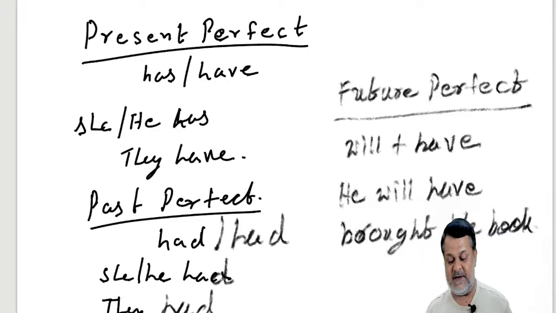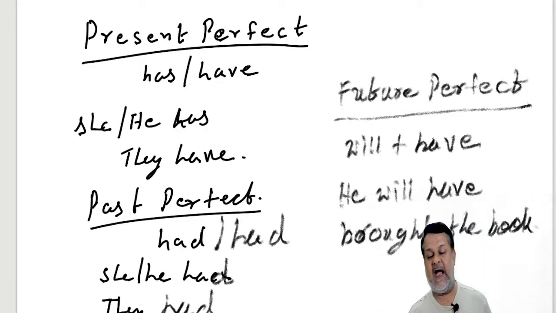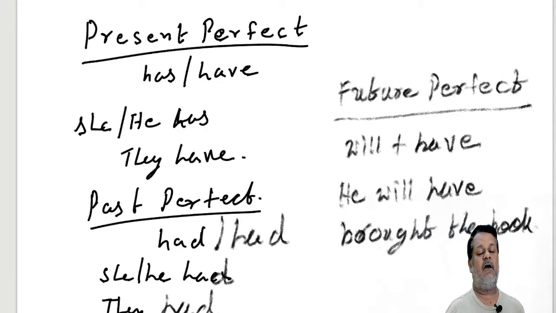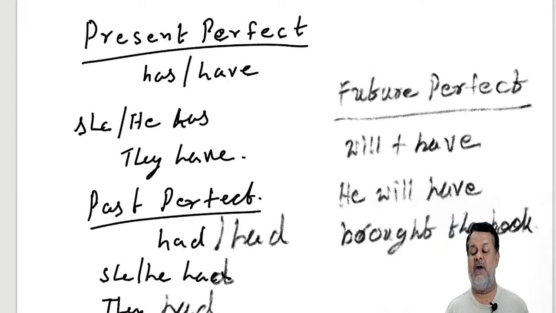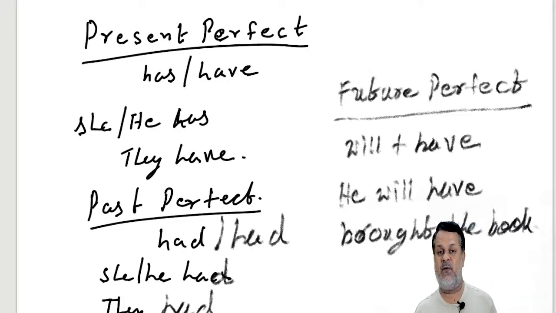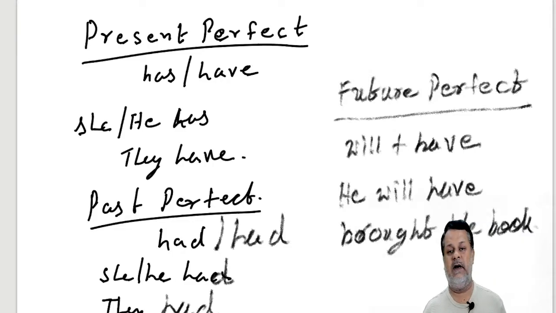If it is present perfect, we will always use has or have. Past perfect, we will always use had, whether it is singular or plural, we will always use had. Future perfect, we will use will have. Again, whether it is singular or plural, it will always be will have.